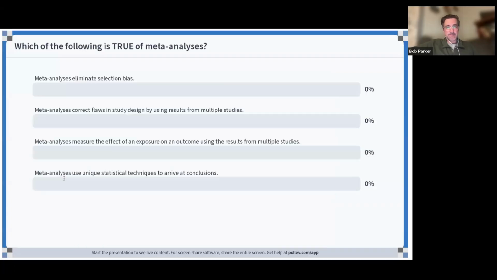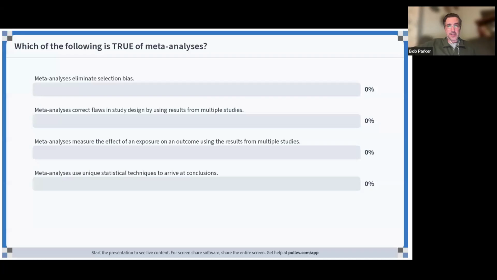Good, we're locked. Okay, this one was a bit more controversial, but still the majority agree with me. Meta-analyses measure the effect of an exposure on an outcome using the results of multiple studies. The next one, meta-analyses correct flaws in study design by using results from multiple studies. I could see that could technically get it, but I think the better answer is using the results from the multiple studies.